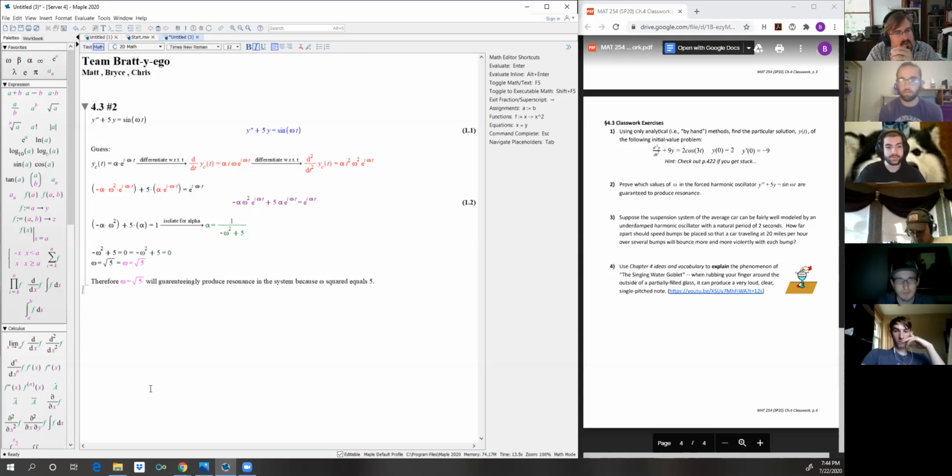Nicely done. Yes. Spelling it out in full detail. Now see that this is clear in terms of the step by step based on the problem solving process. You can see that omega equals root 5. That's going to produce resonance, and they even explain why, because of course that's going to produce a 0 in the denominator for the amplitude, right? So it's going to blow up the amplitude part of this thing.